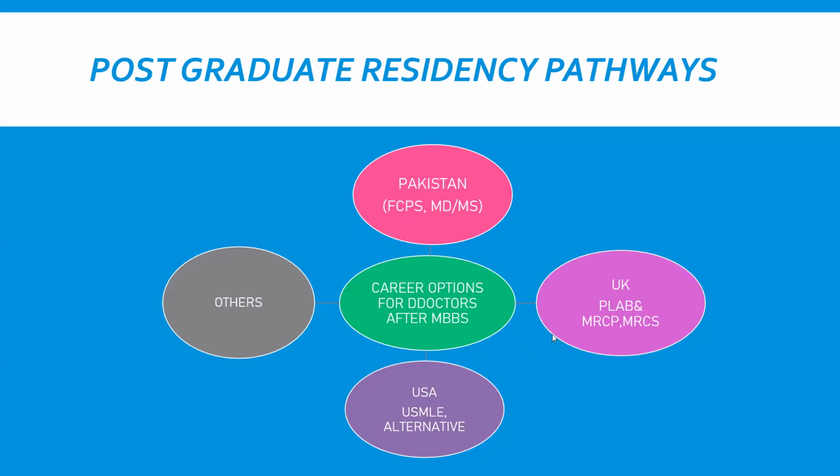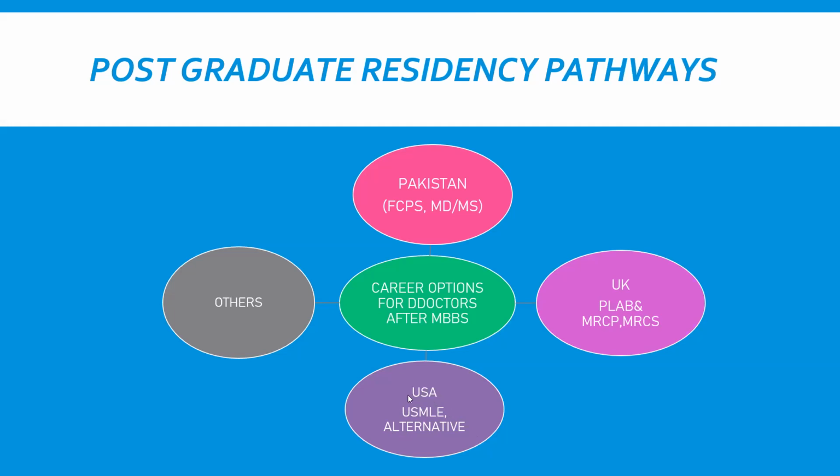But in deciding between Pakistan, the UK, and the USA, you will have to look at your resources. If you're stable enough that you can apply for any one of these residency exams, first of all, you can apply for the United States Medical Licensing Exam, USMLE, but it is slightly costly. You have to spend around 15, 20 to $25,000 until you match in the United States. So if you're financially stable, you can go for USMLE.